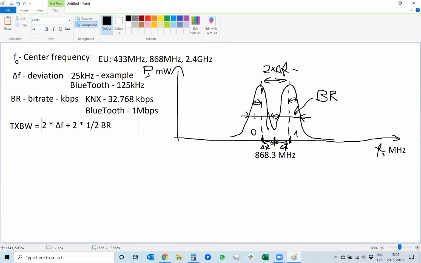Because 1/2 is to one side, then is delta f, then the second delta f, and 1/2 of the other half of bitrate. So it's actually 2 delta f plus bitrate for frequency shift keying signals.